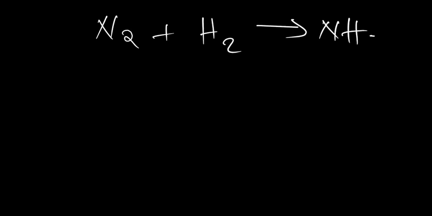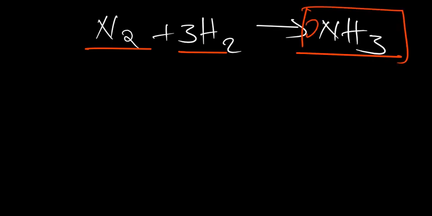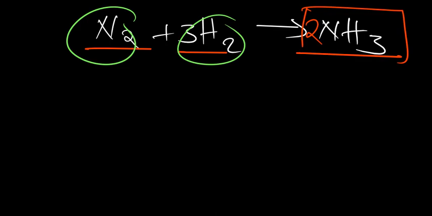If we go back to our example, nitrogen and hydrogen reacting: for this reaction to actually give us the ammonia that we want, the requirement is that the particles of nitrogen and hydrogen must be in contact. That's what we're trying to say.